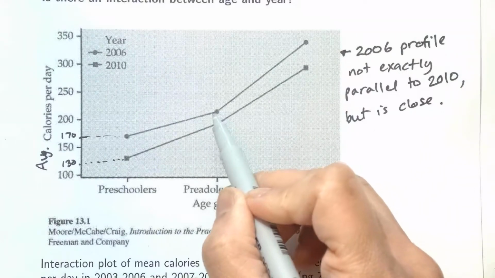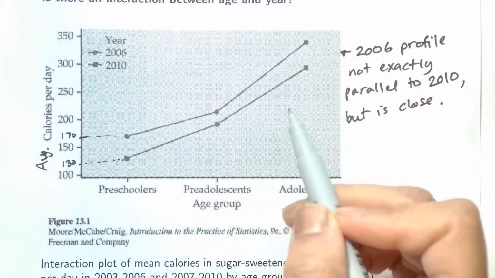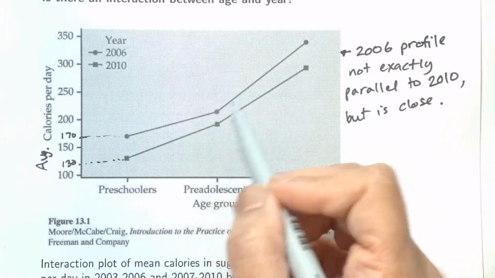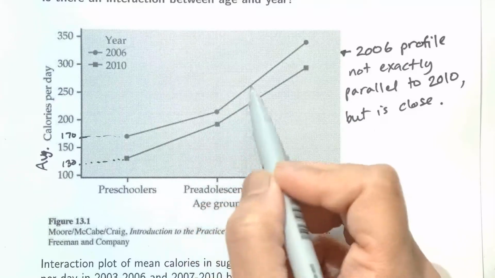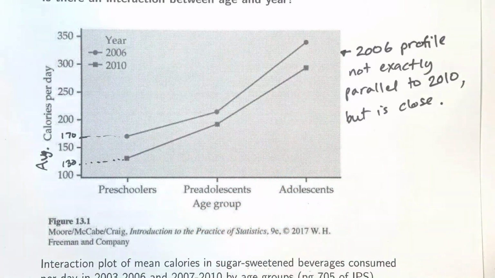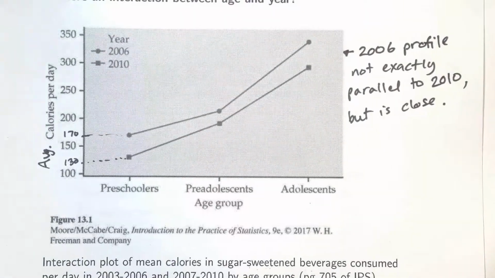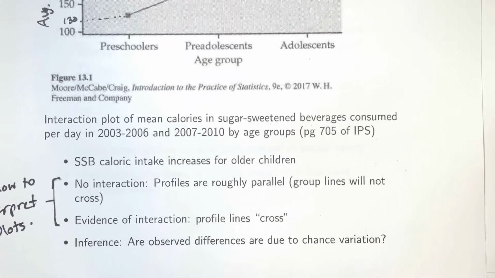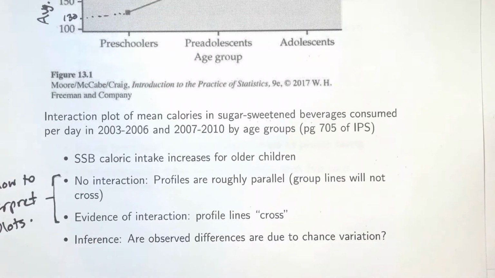Here we see a little dip and then it goes back out. To see if that's a genuine difference between them, we'd probably want to use two-way ANOVA to look into it. And then from the inference side, when we do the ANOVA, it helps us to address whether the observed differences are due to chance variation, or could be due to a main effect or interaction of these factors.